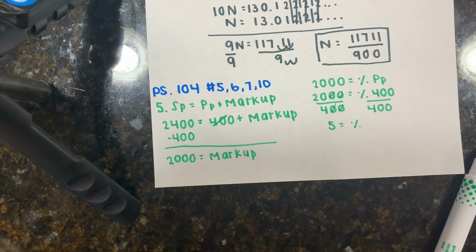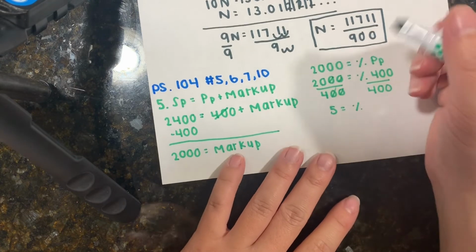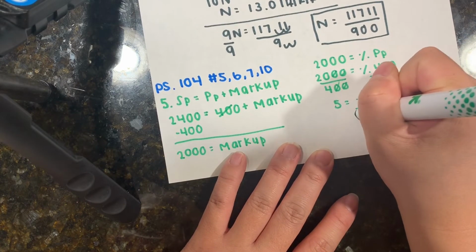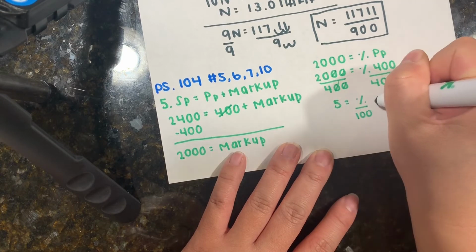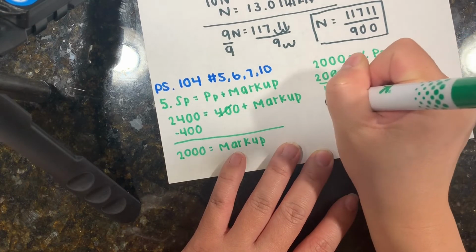But remember, whenever you're dealing with percent, this is basically over 100. So I need to multiply both sides by 100.